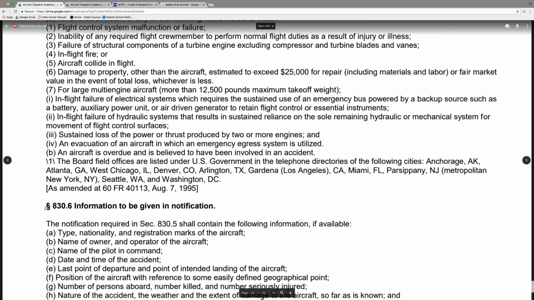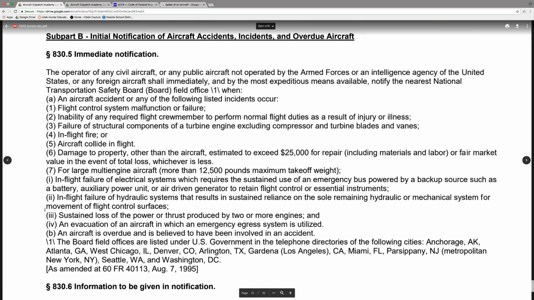Garrett, meaning dispatcher? More specifically, the pilot in command. We can assist. Okay, so does he relay it to us or does he do it directly? He would do it directly. And a lot of times, unless we declare an emergency as the dispatcher, we won't be required to submit any reports.